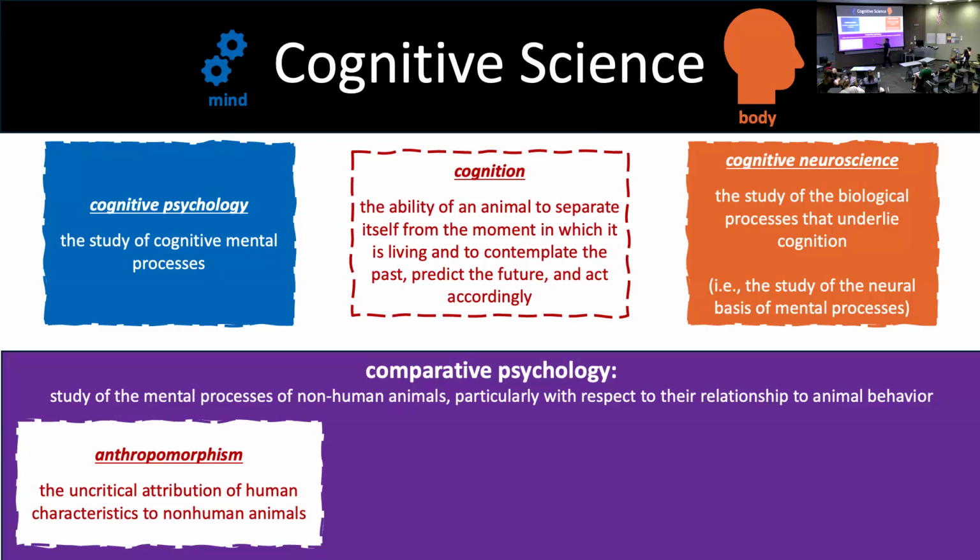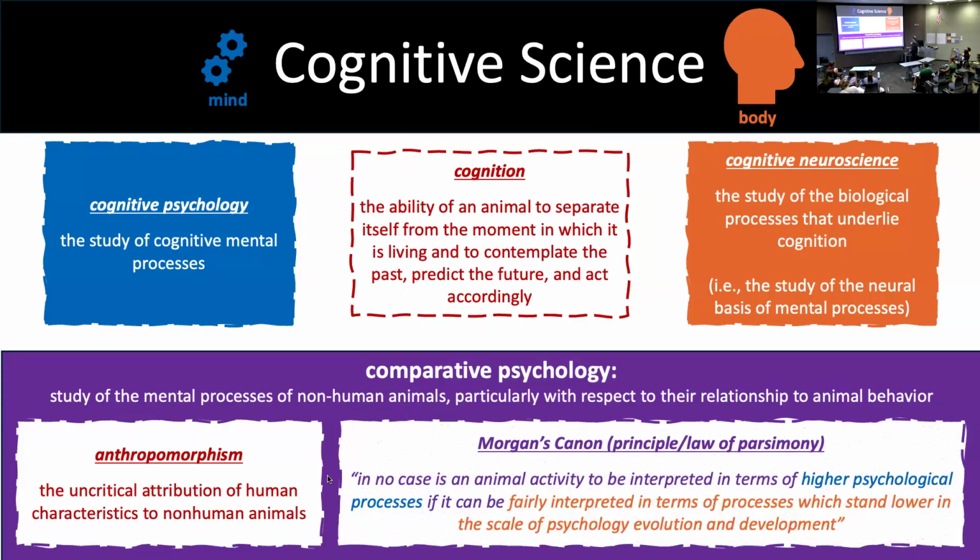So there can be anthropomorphism where you project potential human mental mechanisms onto animals that don't need them. And for that, there was, and this is actually an old principle, again going back to von Uexküll, but it still is of interest to biologists today, Morgan's canon, or the principle of parsimony. This is just a quote, so it's a little long-winded: in no case is an animal activity to be interpreted in terms of higher psychological processes if it can be fairly interpreted in terms of processes that stand lower in the scale of psychology, evolution, and development.